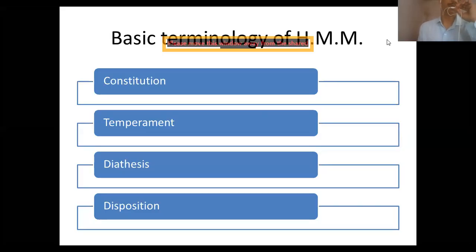Hello, good morning. Since a few weeks we are studying basic terminologies of homeopathic materia medica. I'm repeating why I am focusing on these basic terminologies: once you understand them and get them crystal clear in your mind, you can easily study homeopathic materia medica on your own.